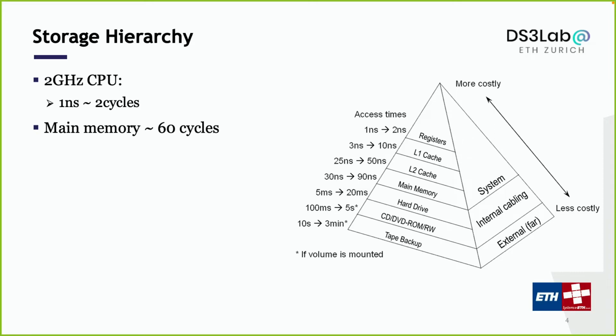And then in the middle, there is your main memory. It's slower. When you access the main memory to bring data, we are talking about something like 60 cycles. And then your data is being stored on the hard drive. Whenever I'm trying to get something from the hard drive, I'm talking about a million-level number of cycles, something like that.